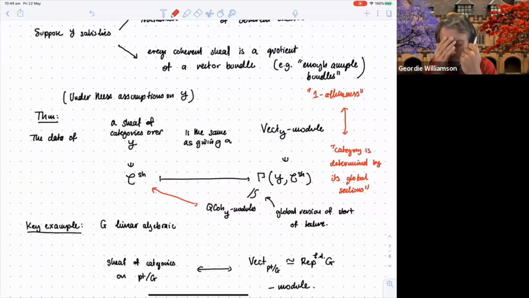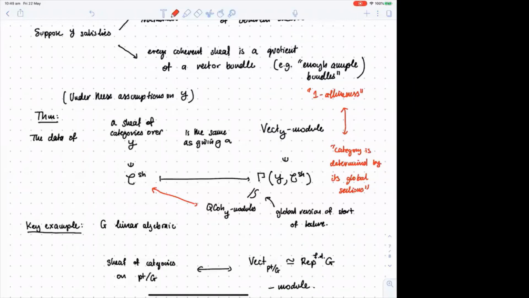But isn't that a complaint about whether the structure sheaf is coherent rather than whether this is a good definition? I guess what I'm saying is that this definition doesn't recover the usual definition, like if your stack was just a scheme.